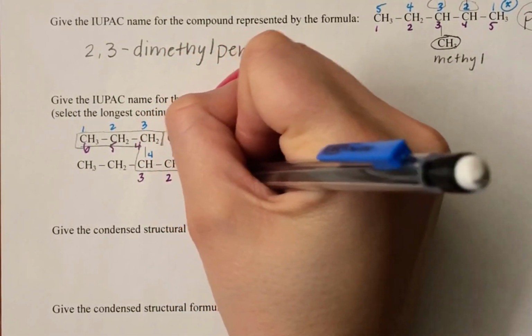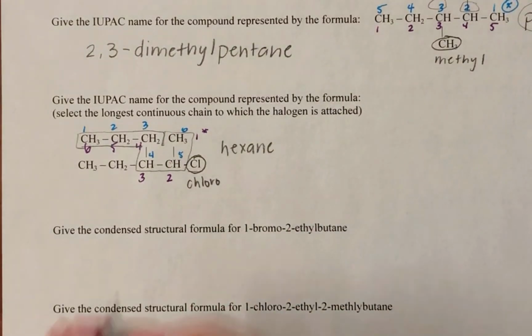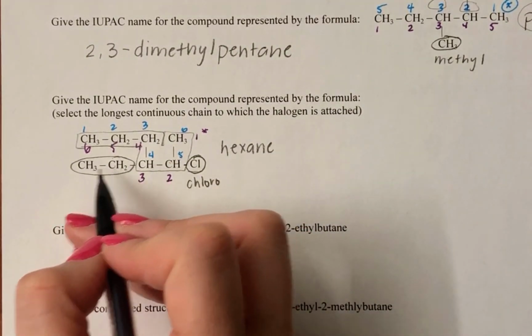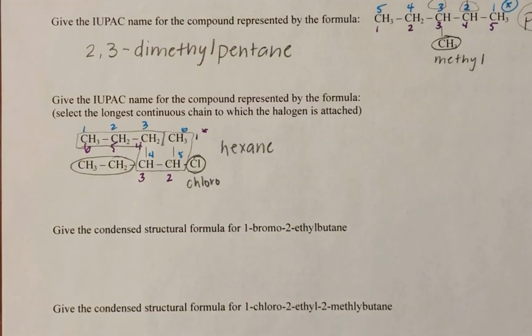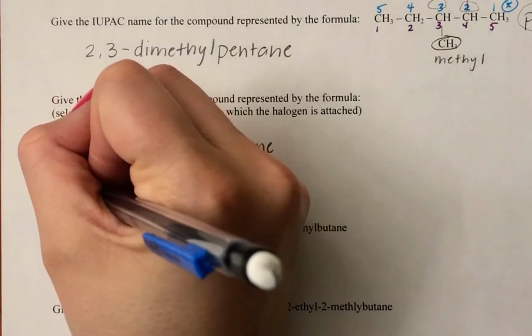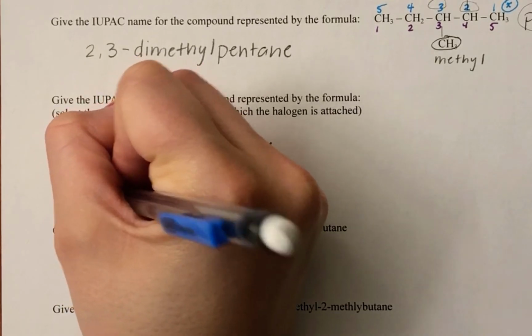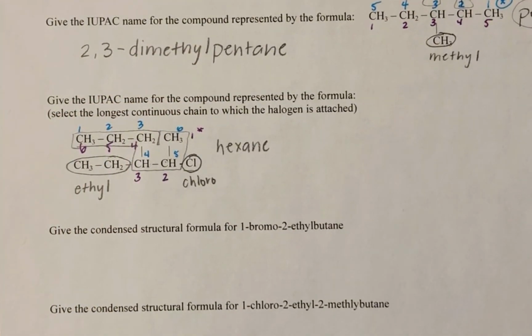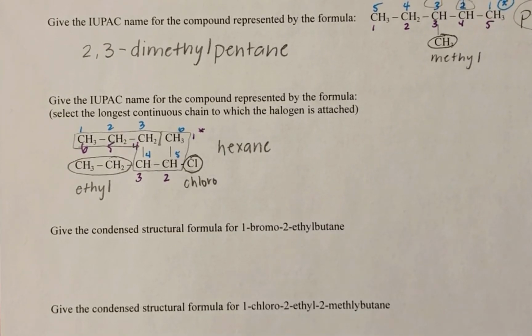So off of one of the carbons, I have a Cl group. So that is named as chloro. And then off of another carbon, I have a 2-carbon chain substituent. Well, remember 2 carbons is ethyl. Now, when we list our substituents, we have to make sure it's in alphabetical order, not numeric order.